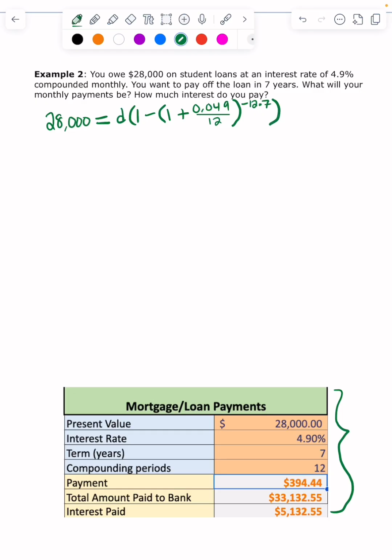So we have all of that, and then we divide that whole thing by 0.049 divided by 12.